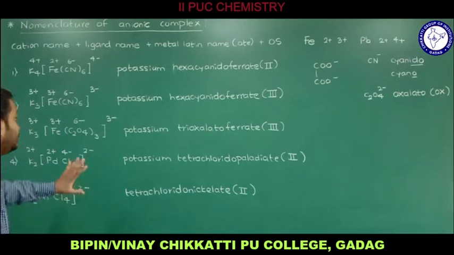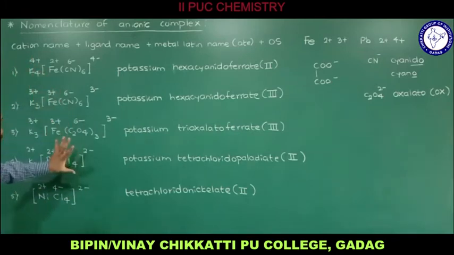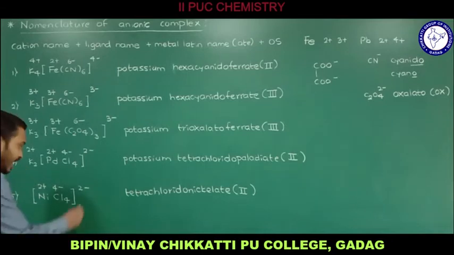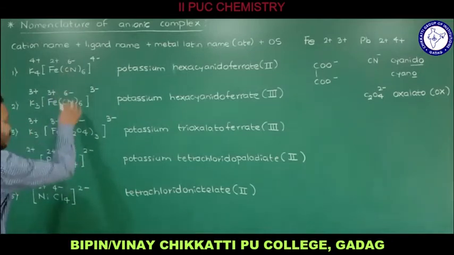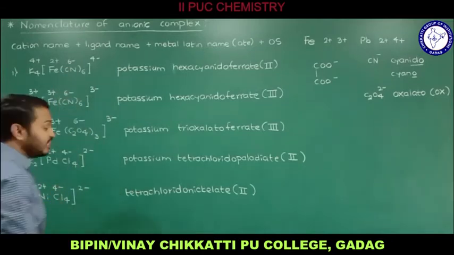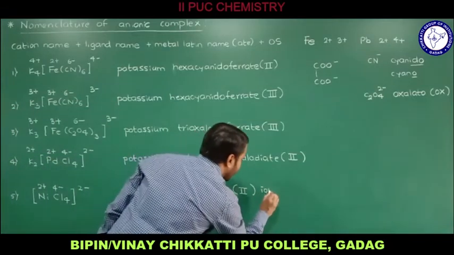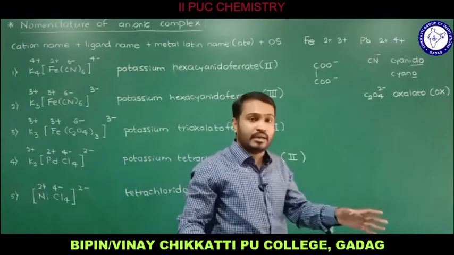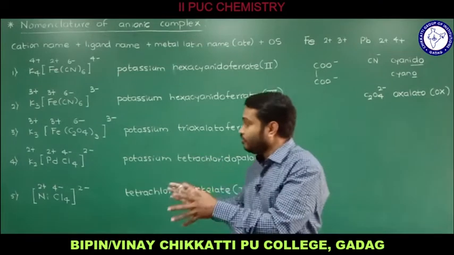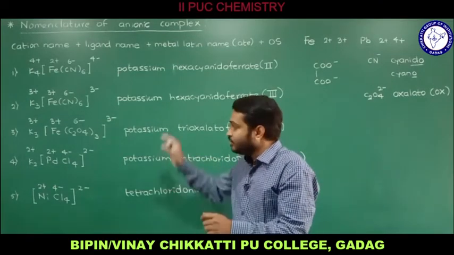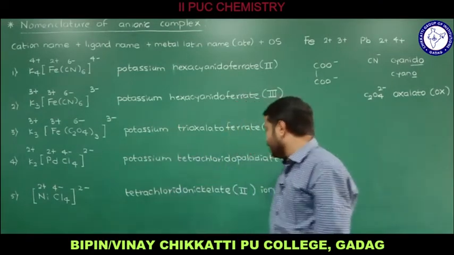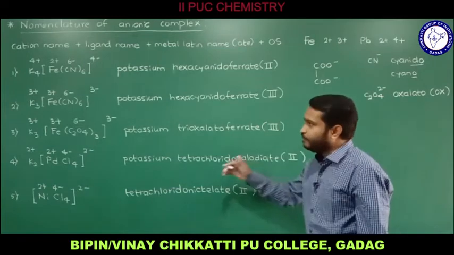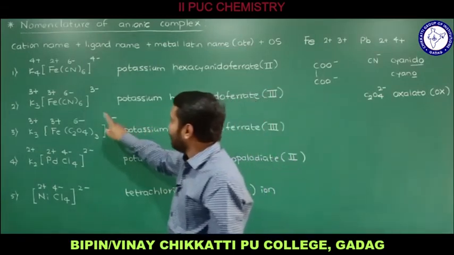But these are neutral molecules, but this is an anion. Because we don't have a cation, we have a charge over here. So observe here, we don't have any charge, but here we have charge. Therefore the word should end with the word ion. Remember, in the last example, we don't have any counter ion, we don't have a cation, that is a perfect anion. Therefore the word should end with anion. In the previous cases, just to observe, anyhow I have written the charge.